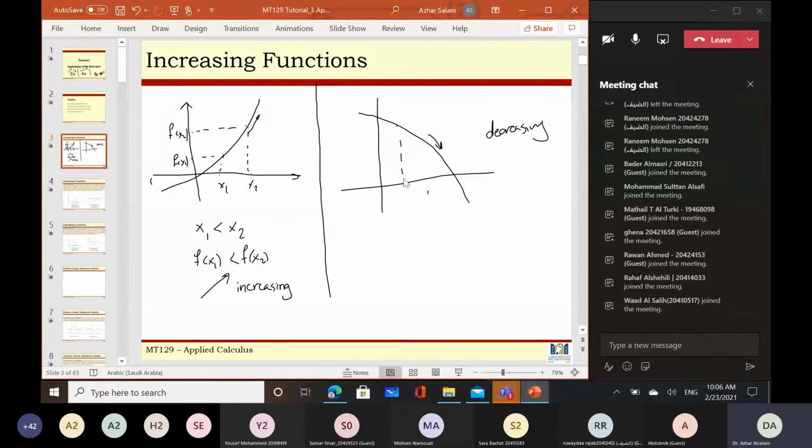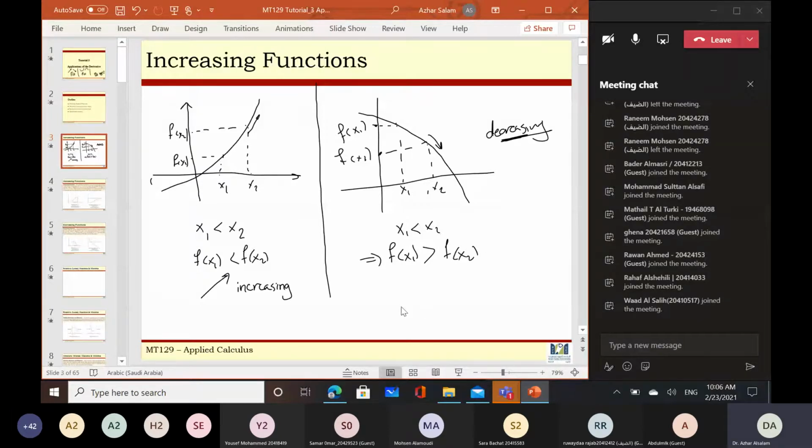If I have here a point x1 and a point x2, and this is the value of the function f of x1, and here f of x2, I have, of course, from this line that x1 less than x2 implies that f of x1, which is this point, is greater than f of x2, the opposite. This is the decreasing function.